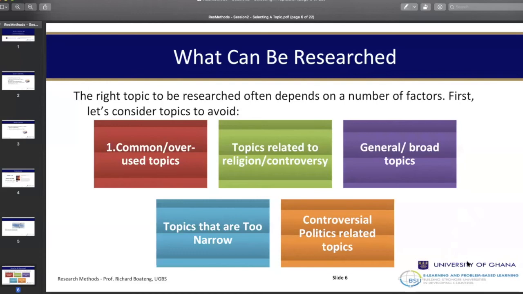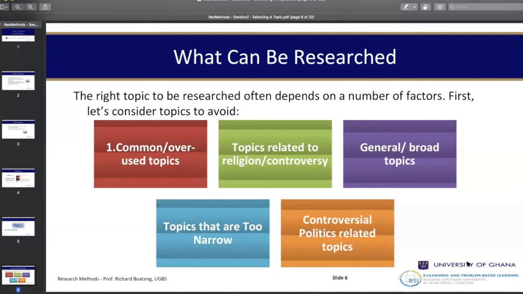I'll give you other platforms later. It will be advisable to look for a sub-theme where you can contribute something original. So having a broad topic is not bad, but you have to narrow it down to a sub-theme that will give you enough room for originality.